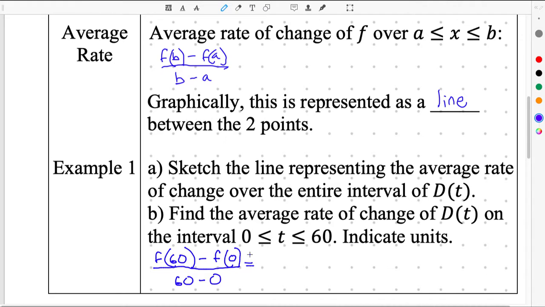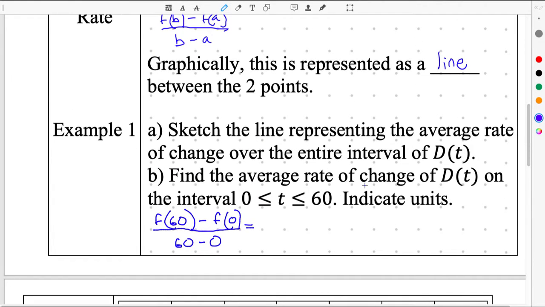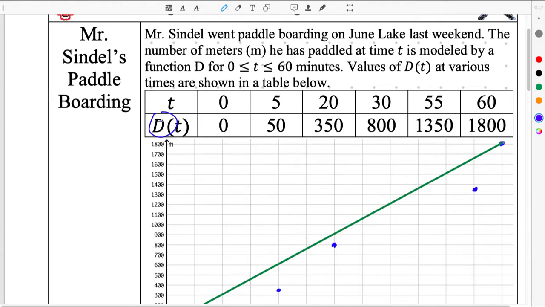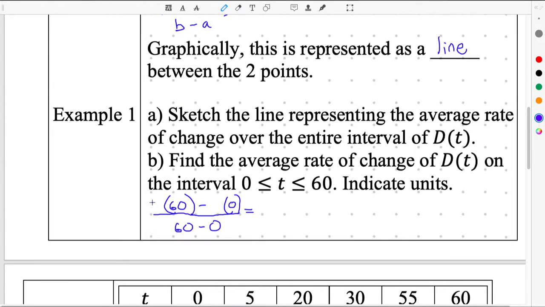Well, I guess it's not really f. I should change that. This should be capital D if we're being correct, because we're not dealing with f anymore, we're dealing with this capital D(t). My bad. So capital D of 60, capital D of 0. There we go. Okay, so D of 60, what is that?